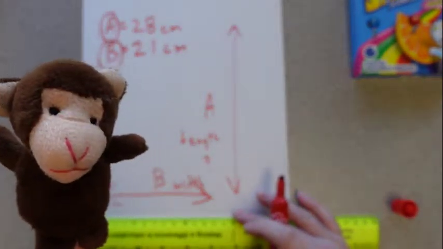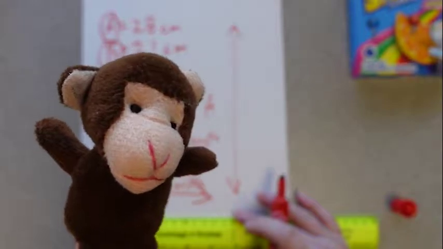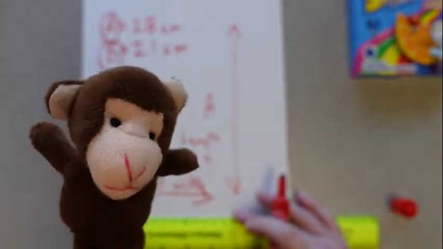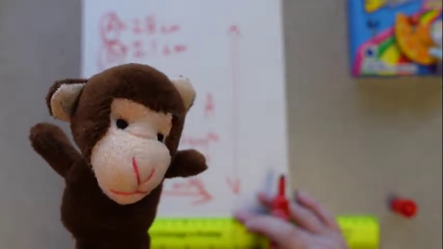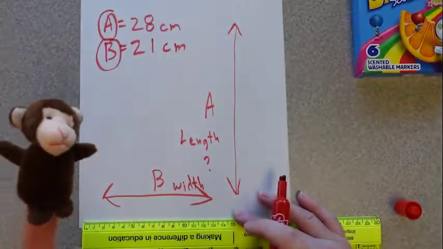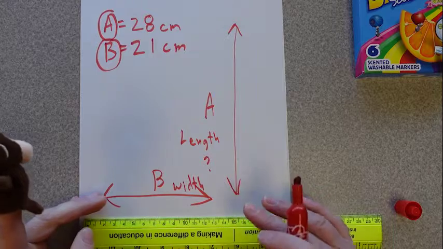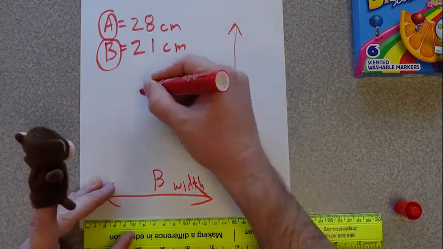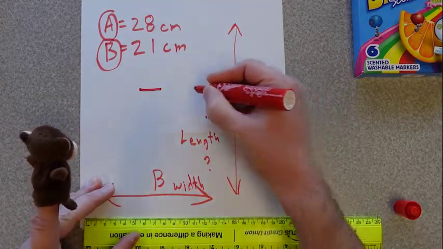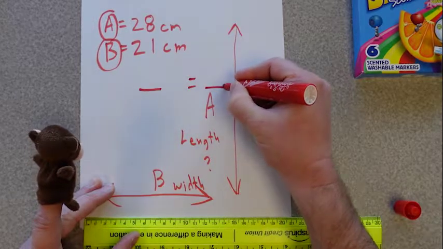Well, if we're trying to figure out how much longer one thing is from another, we should probably do subtraction. Don't you think, Mr. Corcoran? Oh, yeah. That does seem right. We should maybe make this a subtraction problem. So I'll put a subtraction sign and an equal sign.